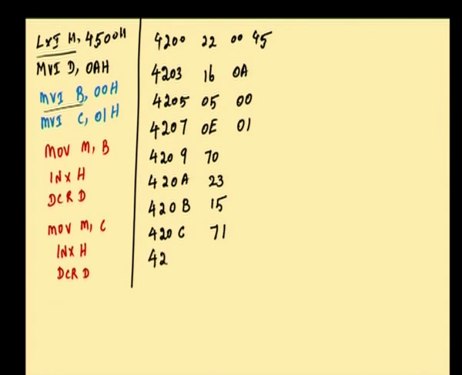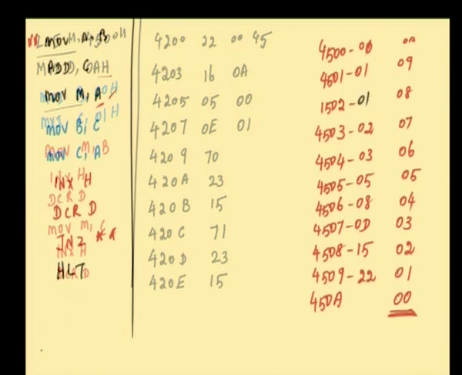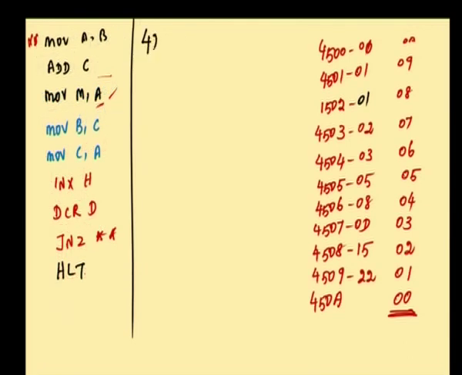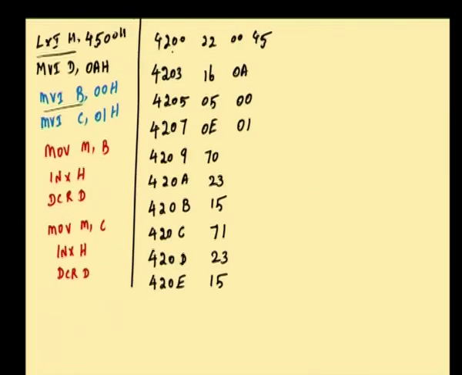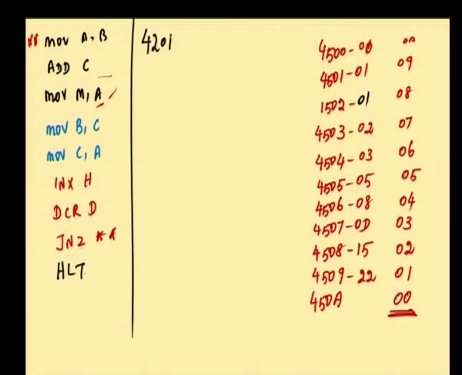Then 420D, the opcode for INX is 23. 420E, opcode for DCR D is 15. Now you have to start with the next address, F.